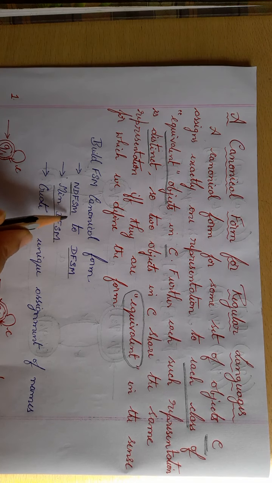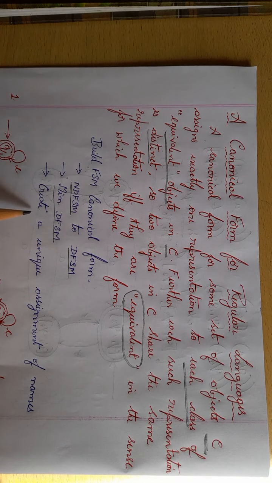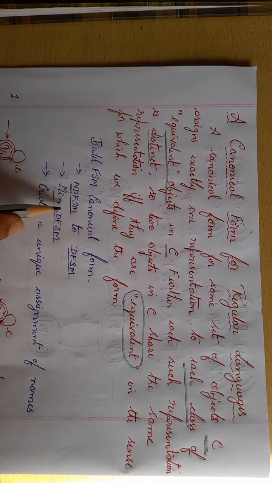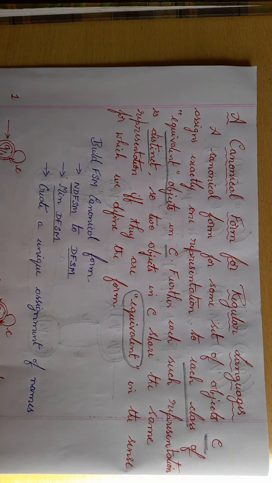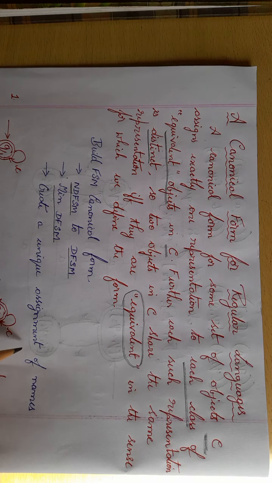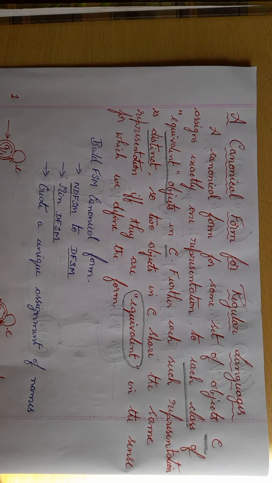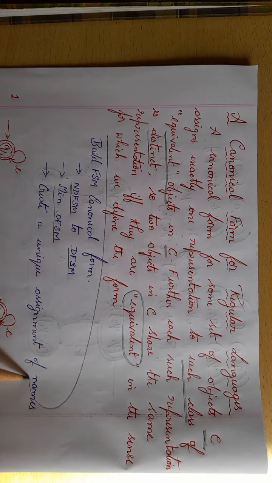Once you're done with these two things, the next one is to create a unique assignment of names for the different states that are present. So you'll be having two transition diagrams. You have to draw the transition table for each, and then check whether they are the same. If they are the same, it means that they are equivalent. I'll explain this with the help of a diagram, so you just need to remember this.